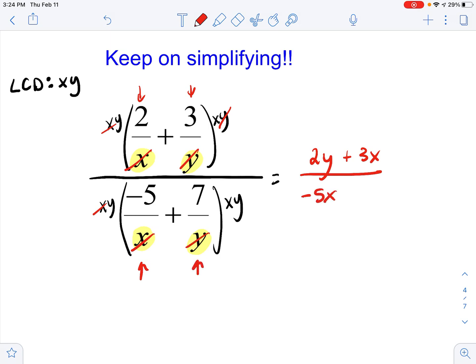And in the second fraction, y and y cancel out, leaving me with 7x. Now, if there were any factoring that can be done, we would do that. But there's nothing in common in my numerator, nothing in common in my denominator, so we can leave this question as is. Okay, so the LCD method is going to be a bit simpler for these kinds of questions.